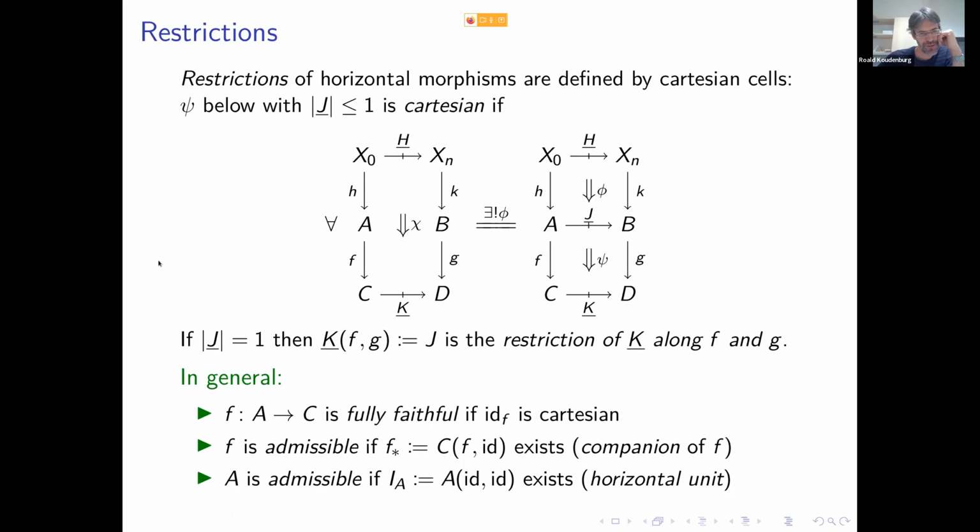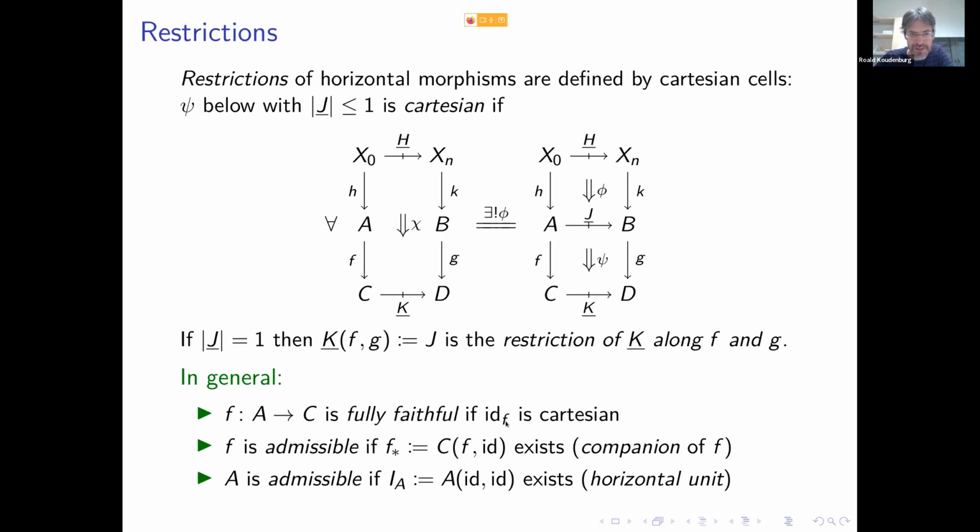Right. So that's some examples in Prof. Let's also look at examples in general augmented virtual double categories. So if we have a vertical morphism F, then we call it fully faithful if the vertical identity cell for F is Cartesian, right? So that will be a vertical cell with empty horizontal source and target.